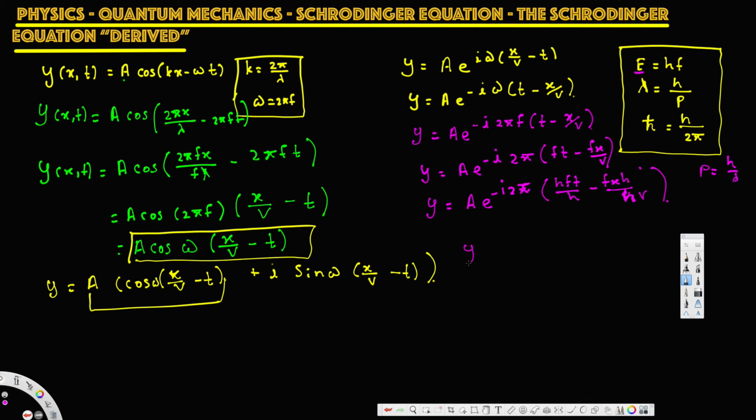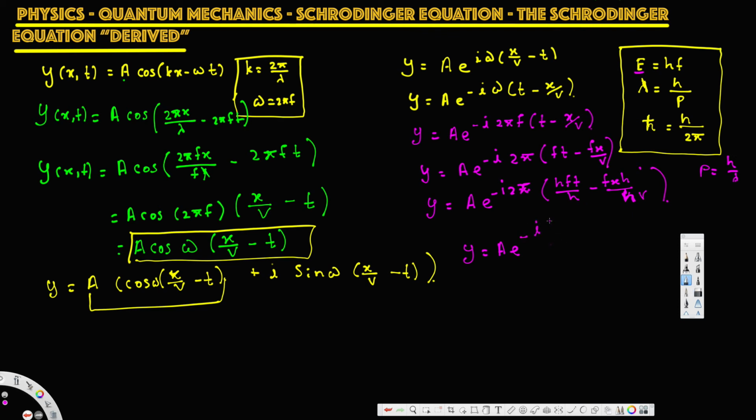Let's do that. y is equal to A e to the power i 2 pi, and I'm moving the denominator h to the front. All of them are in the power, so we shouldn't forget that.